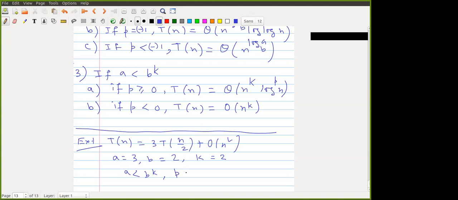So it goes to case 3, which gives theta of n square.